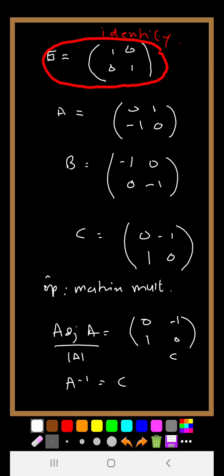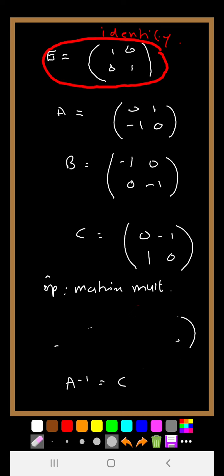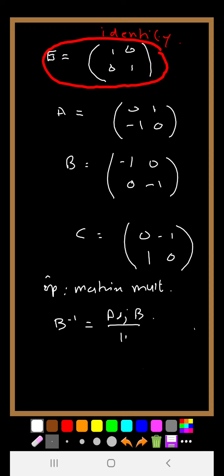What about B inverse? B inverse is again the adjoint of B divided by the determinant of B, which is again equal to 1.